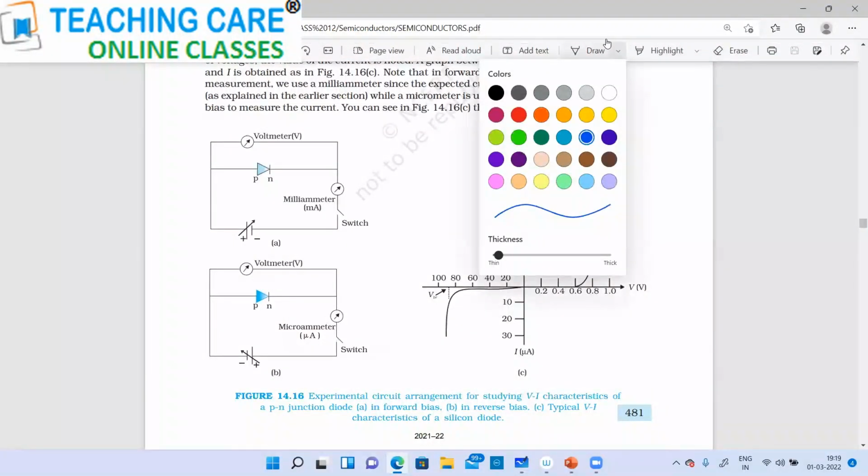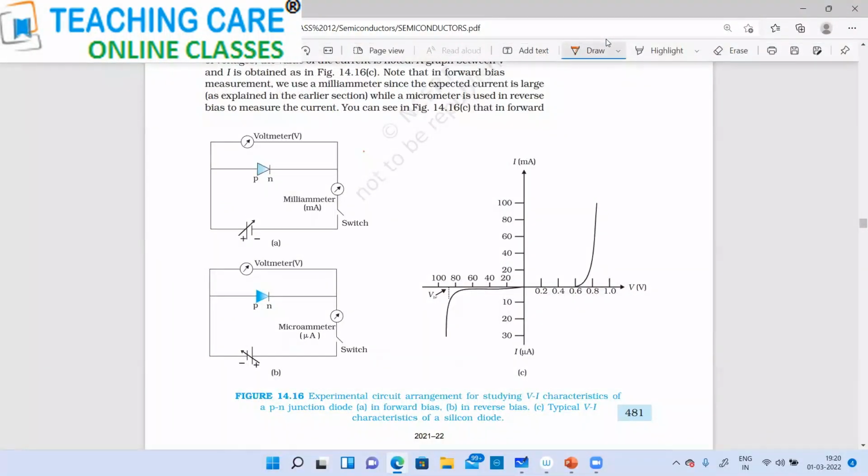See here, the first one, the circuit is under forward bias. So P is connected to the positive terminal and N is connected to the negative terminal. A milliammeter measures the current in milliampere. A voltmeter is connected. We know the forward current is a little more than the reverse current, isn't it? So this is the first circuit for forward biasing.